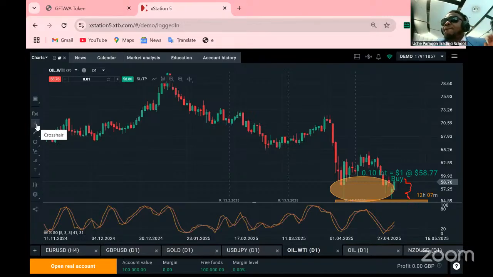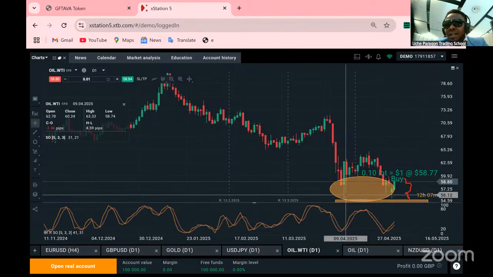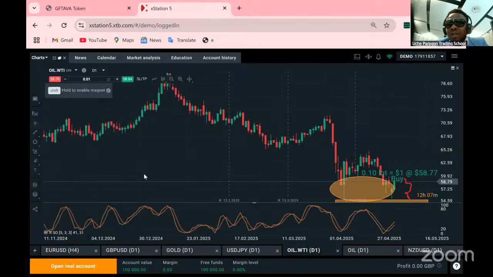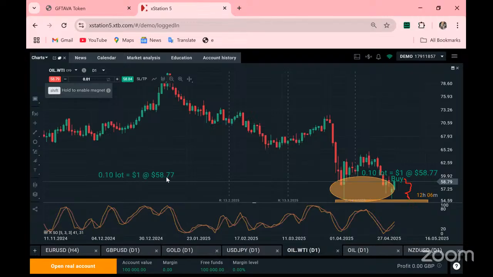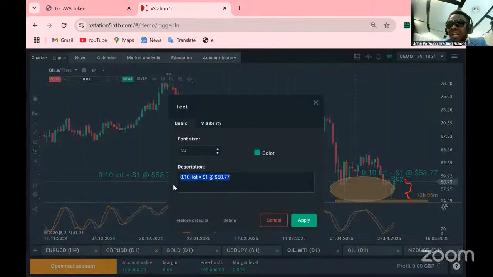Now, because of this, if I want to trade it, I will place another trade at this point here, and my second trade will be at a higher volume, 0.15 or 0.20, like double what I placed in the first one.